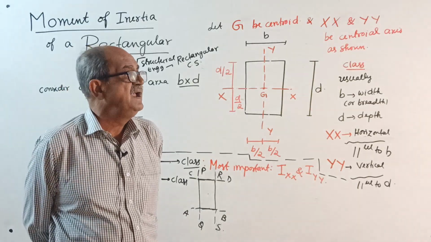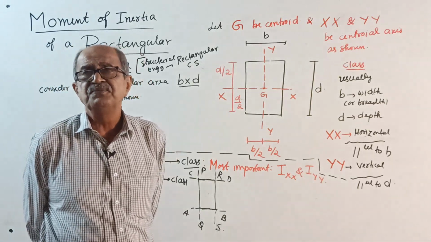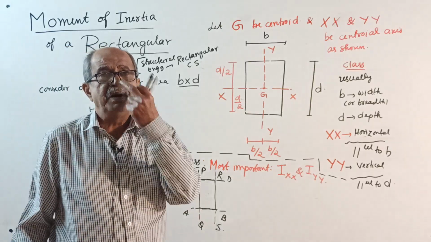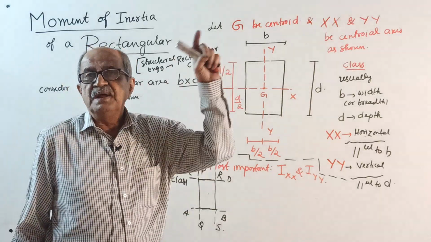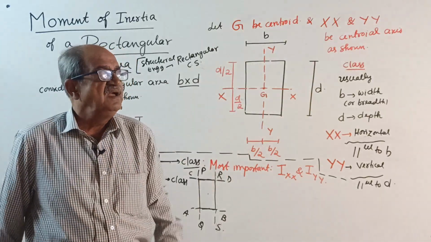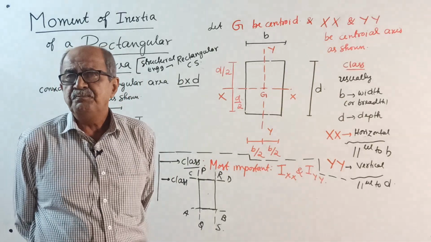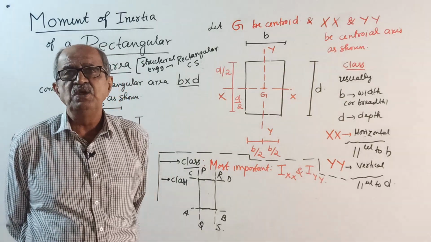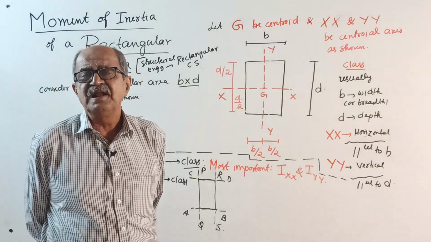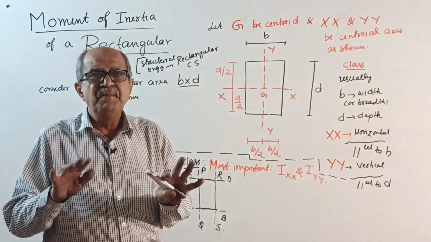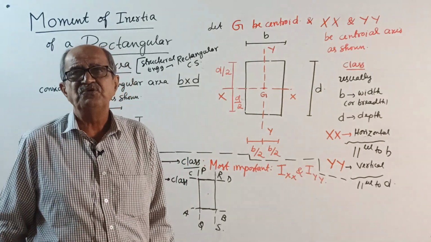In 42, last time, I stated and proved two important theorems, the parallel axis theorem and the perpendicular axis theorem. Among those two, the parallel axis theorem is widely used, 99%. The perpendicular axis theorem we will use only a limited number of times, very rarely.